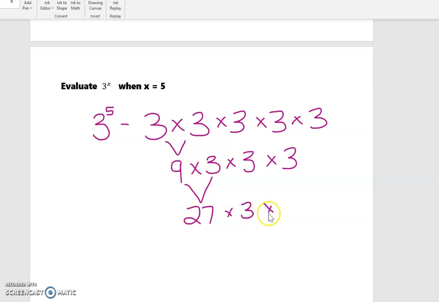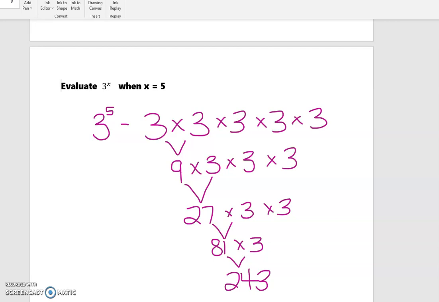Then I have 2 more 3's to multiply. 27 times 3 is 81. And as you work your way down, eventually you will get so that you have one final answer.